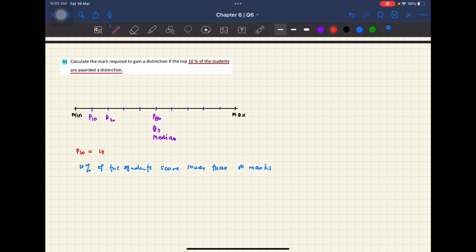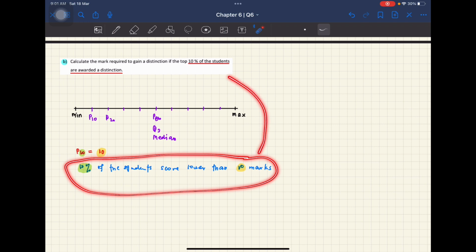Okay, maksudnya dekat sini let me highlight it for you. So P10 ni adalah nak cakap yang 10% of the students score lower than 10 marks. So 10 dekat sini merujuk kepada markah dekat sini, over here. Okay, so apa yang kita nak apply dekat sini? Apa sebenarnya, what does this tell you about this question?